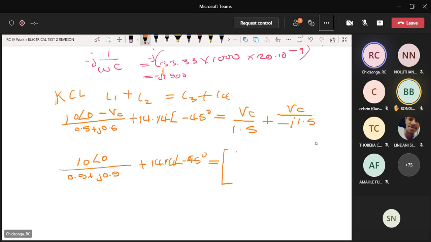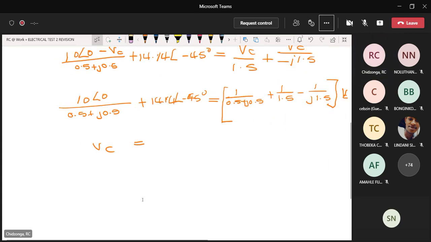This time I'm going to have 1 over 0.5 plus j 0.5, then plus 1 over 1.5 from this term, and then this one will give me minus 1 over j 1.5, in brackets, VC. So my VC will simply be finally this left-hand side divided by that right-hand side. As simple as that.